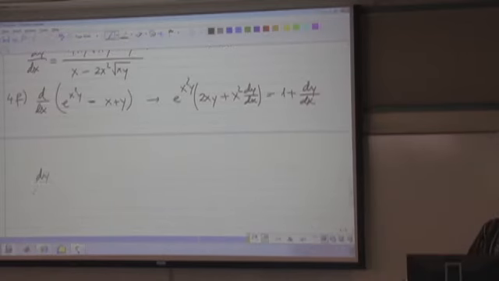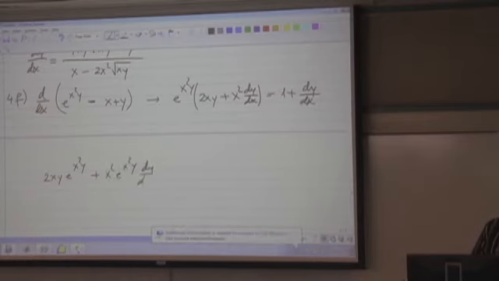So can I write directly what the answer is, or do you want me to multiply them out first? Okay. So we have 2xy e to the x squared y plus x squared e to the x squared y dy dx is equal to 1 plus dy dx. Right?